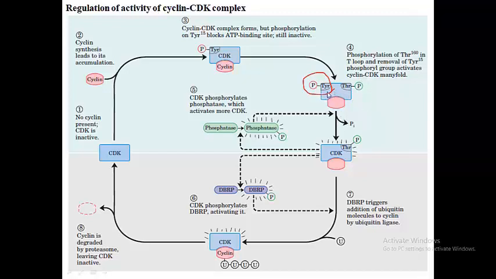To remove this tyrosine 15 subunit phosphate group, this complex undergoes the process of dephosphorylation. The dephosphorylation of this complex takes place in the presence of activated phosphatase that results in the formation of activated cyclin CDK complex.